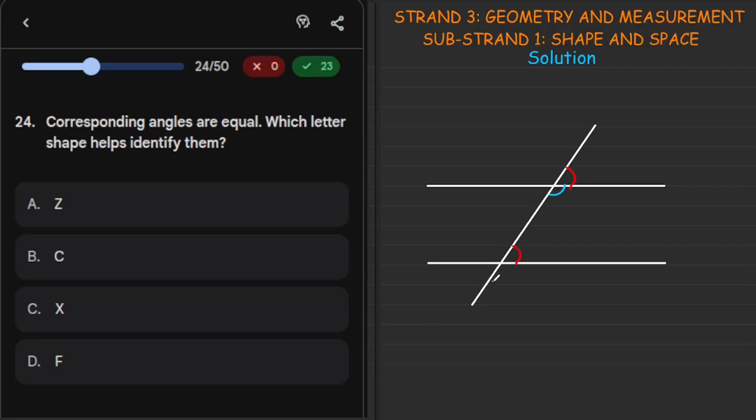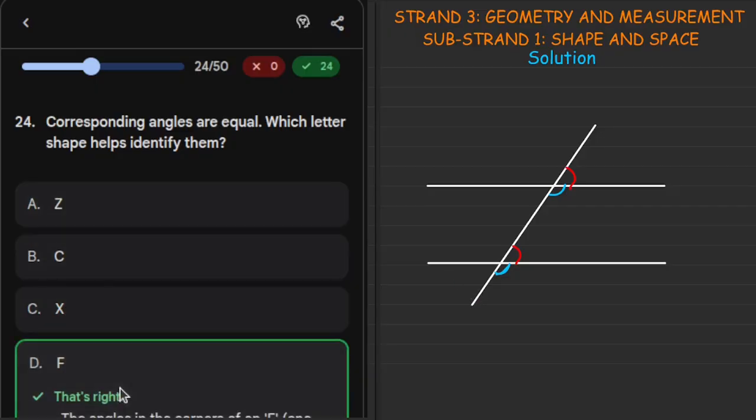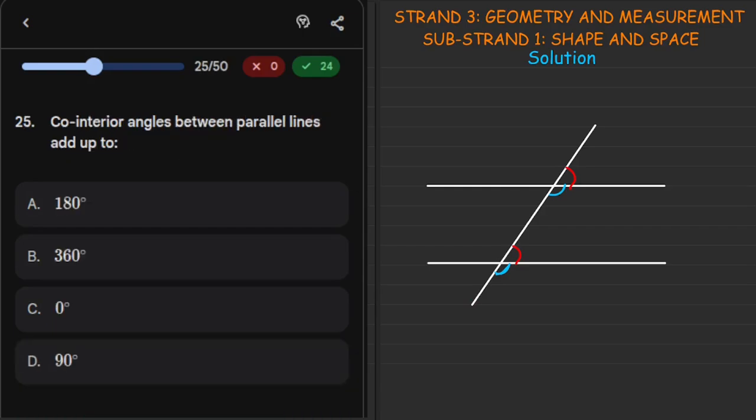So this angle also corresponds to this. You see, corresponding angles are always equal. So it is the F shape that helps us to do what? Identify the corresponding angles.